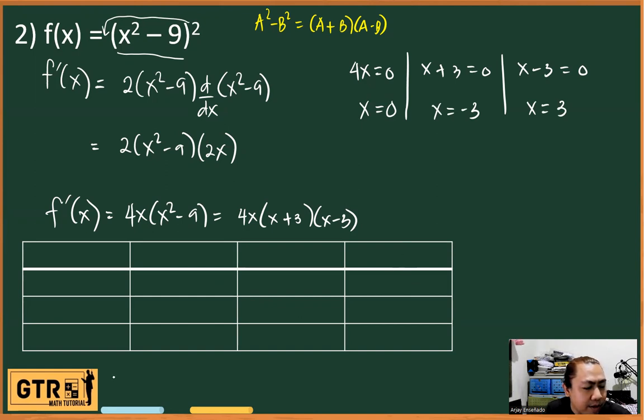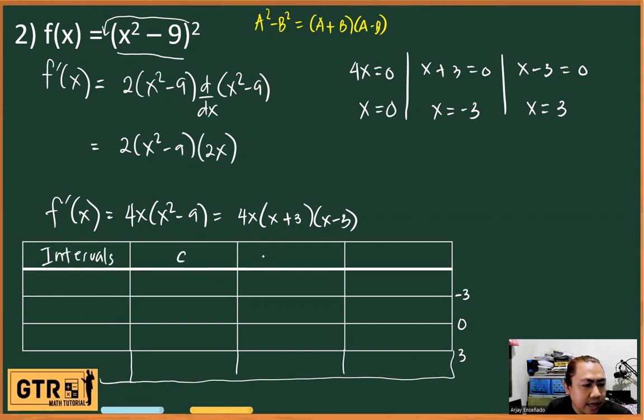So kulang pala yung ating table. So therefore, we have from -3, 0, and then 3. So add tayo ng isa pa dito. Okay, so yan ang ating mga critical numbers. So therefore, we have 4 sub-intervals.